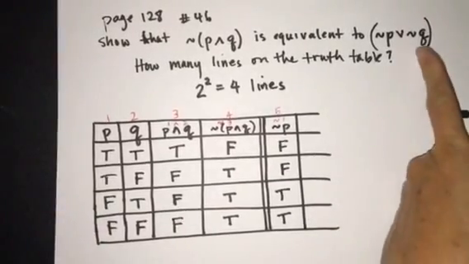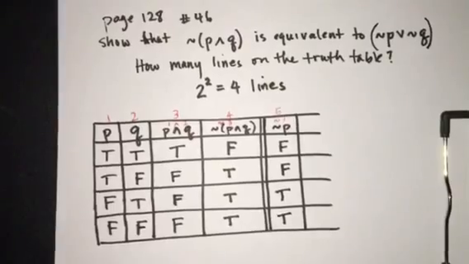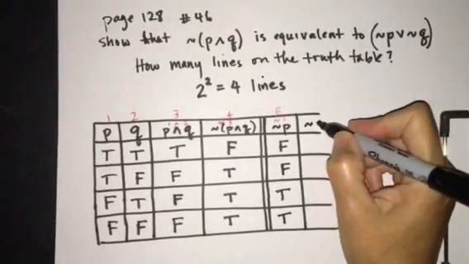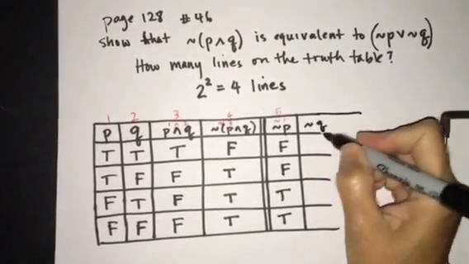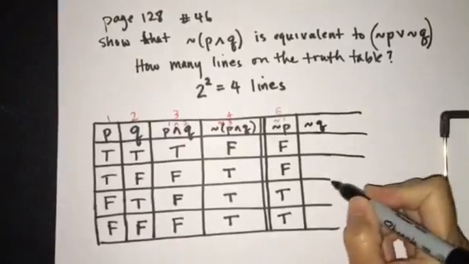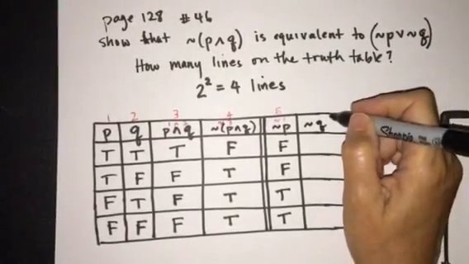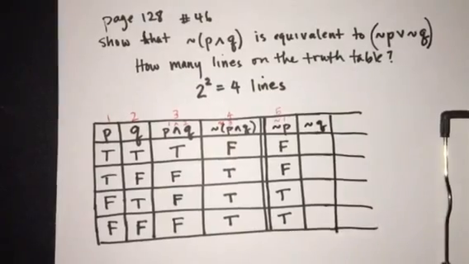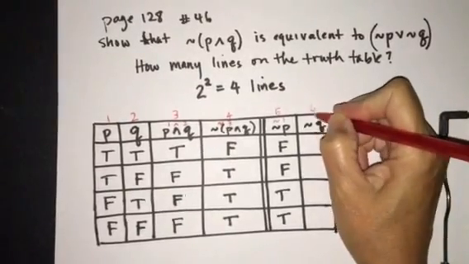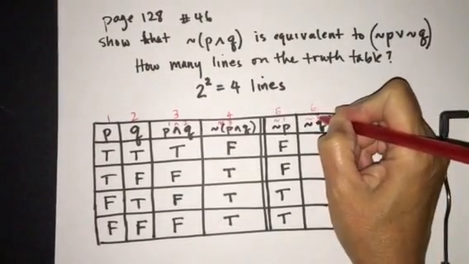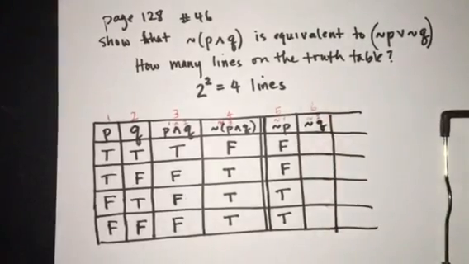From here, I want to put in a column for not Q. This column, not Q, will be column number 6, and that's the not of column number 2.